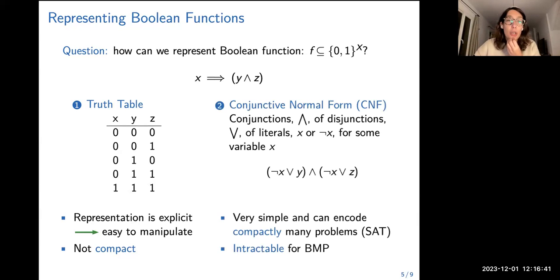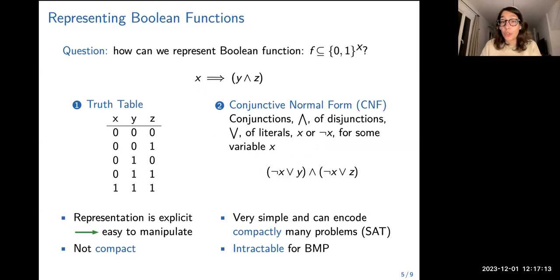Another option would be conjunctive normal forms. These are very compact, and they're basically the ANDs of a bunch of clauses, or you can think of them as chunks. Each of these pieces can only contain ORs of variables or their negations. So basically, they're conjunctions of disjunctions of literals. And this, for example, is one CNF that represents exactly this Boolean function here.